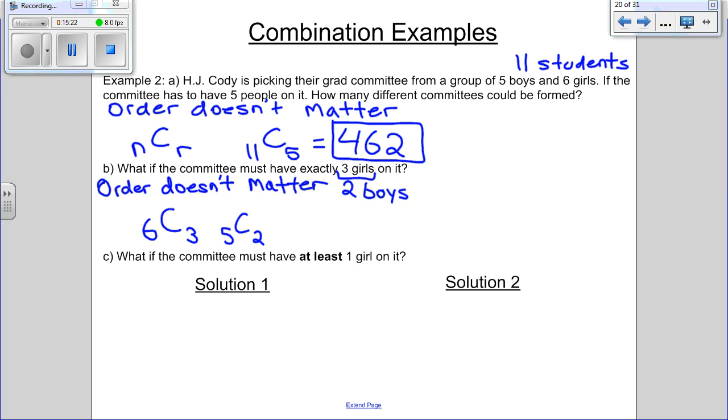Now what you need to figure out is how to link these 2 things together. Should we be adding them, or should we be multiplying? The best way to know is ask yourself if they're affecting each other. So, if I choose 3 girls, does my overall committee group change depending on my selection of boys?